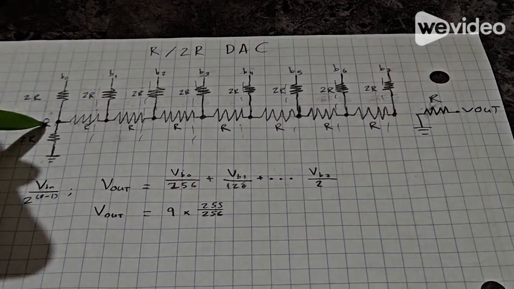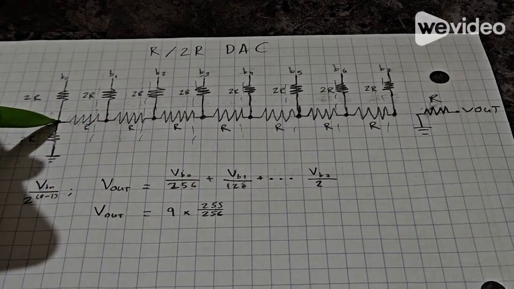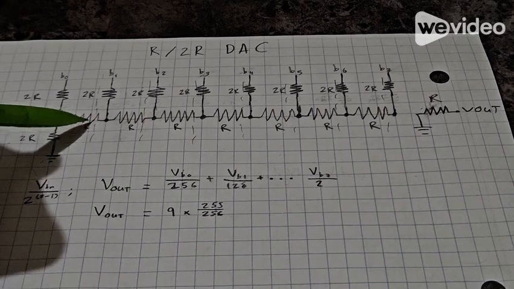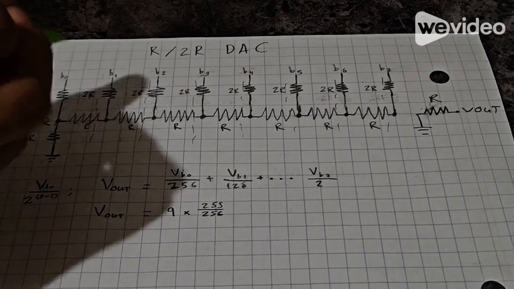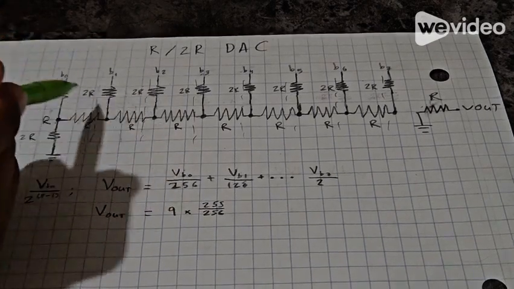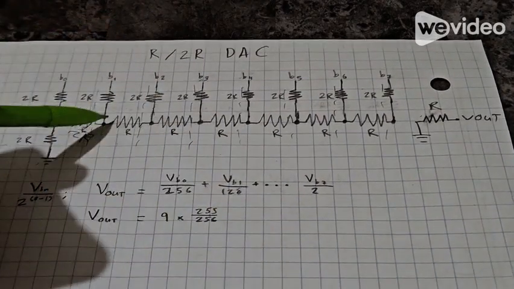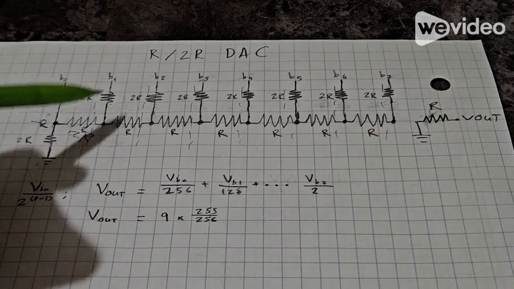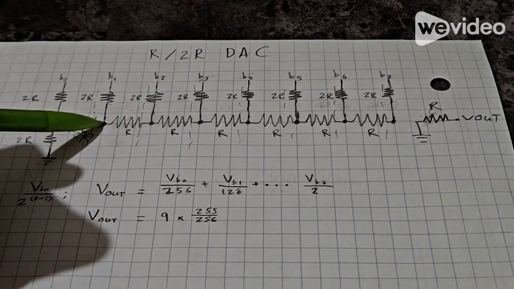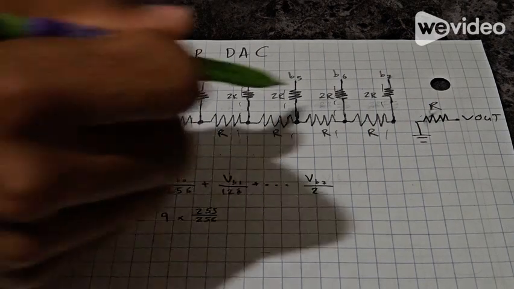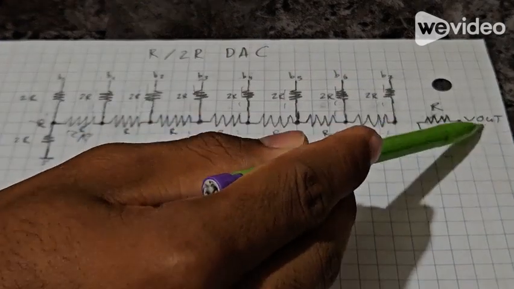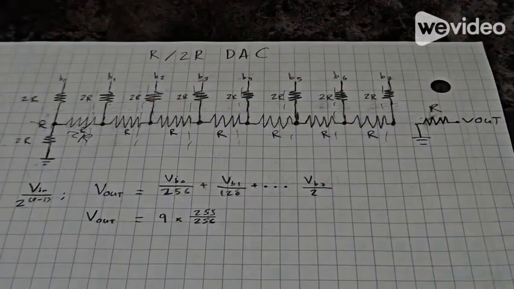Next we have R and R in series, which now have a combined resistance of 2R. So now that we have 2R here, we have 2R in parallel, puts R on this junction, and the pattern continues all the way down till you get a resistance at voltage out of just R.